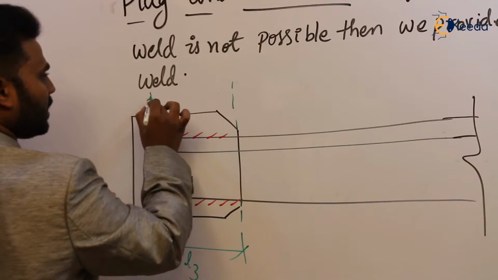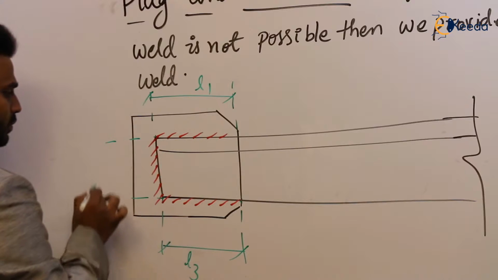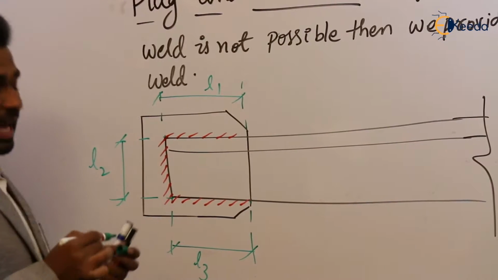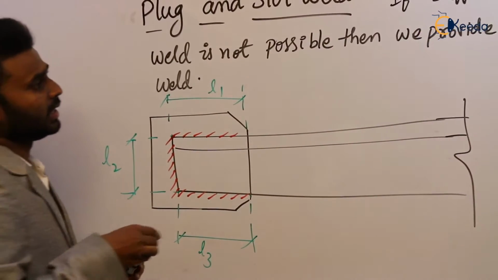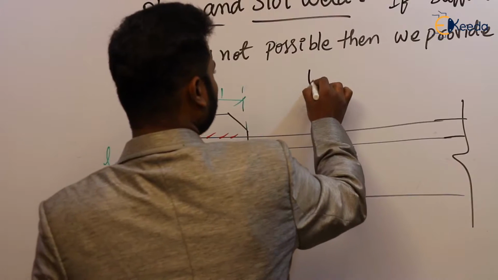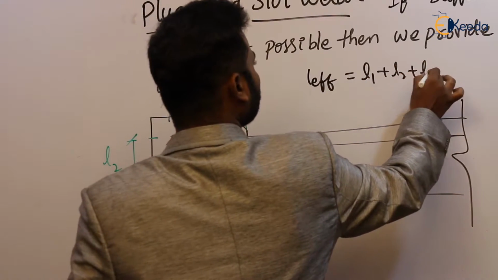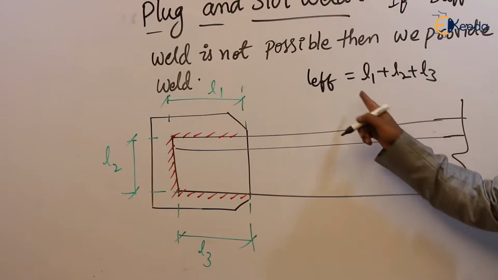So in the diagram, L1 and L3 are the same, yes or no? And this is L2. As I said, L1, L2, L3 are the effective lengths. So what is the total L effective here? L effective here is L1 plus L2 plus L3. Of course, in the diagram, L1 is equal to L3. Clear? So this is the effective length.